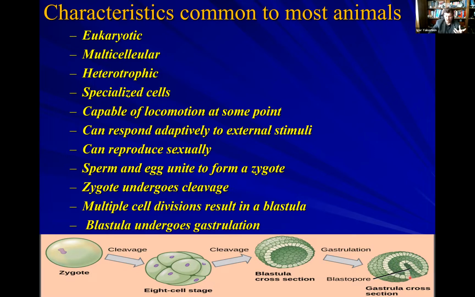So in this case, if that initial opening turns into a mouth, and then the digestive system continues to grow, and whenever it reaches the opposite end, that opening becomes the anus. That's a protostome. Now, the other group of animals, well, they didn't really decide, but that initial opening will become an anus.